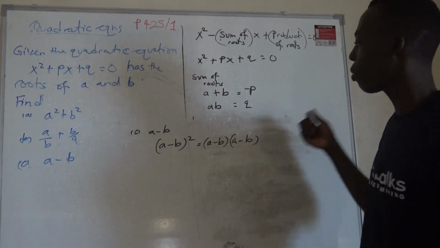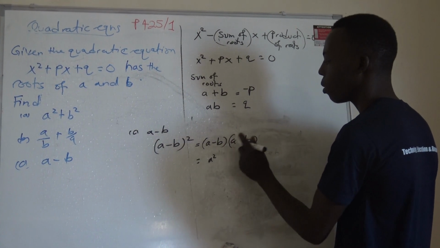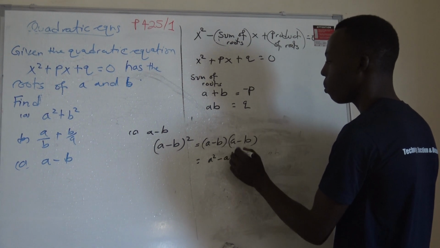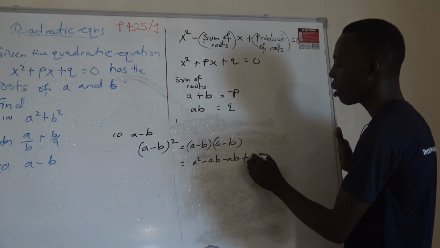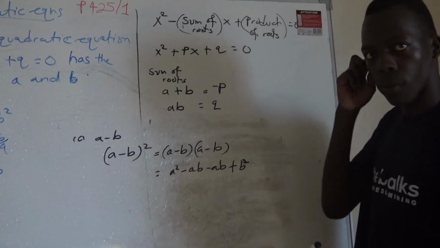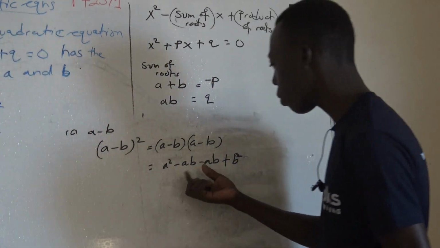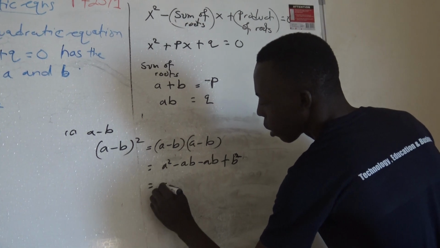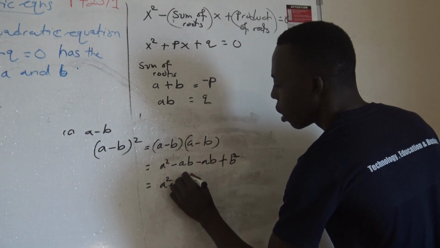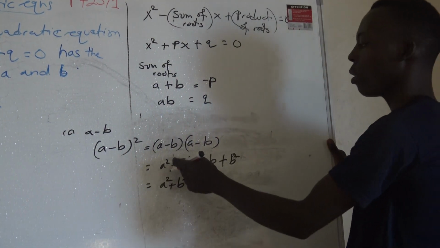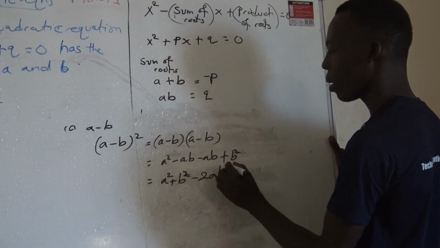We multiply: this times this is a squared, then this times this is minus ab, then minus ab, then this times this becomes plus b squared. Now we bring those with a square together, so this becomes a squared plus b squared. The other ones are of the same kind, so we add them, and it is minus 2ab.